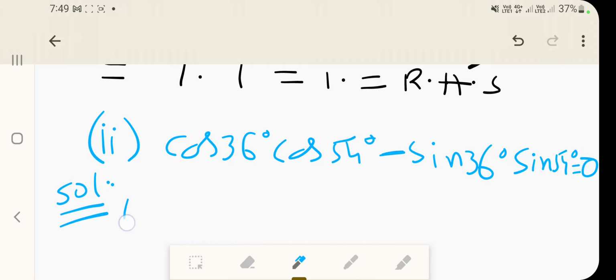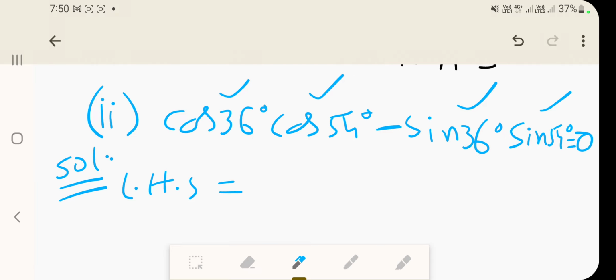So as usual we start with the left hand side. Here also we have four terms, 1 2 3 4, and we are going to change any two. We have cos 36 into cos 54 minus sin 36 into sin 54. Cos 36 can be written as cos(90 − 54), since 90 minus 54 is 36.